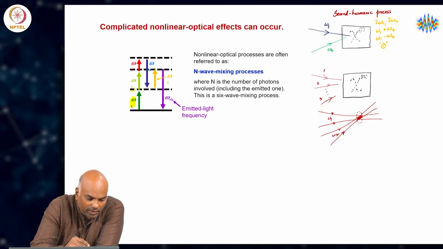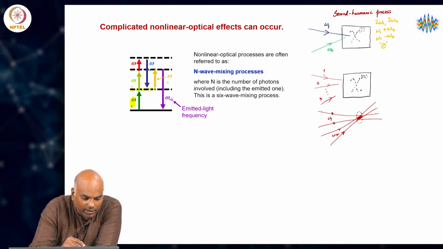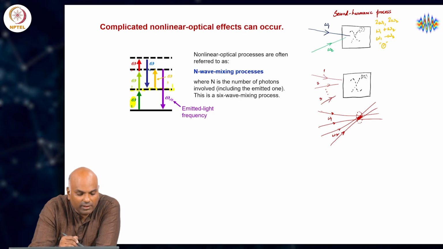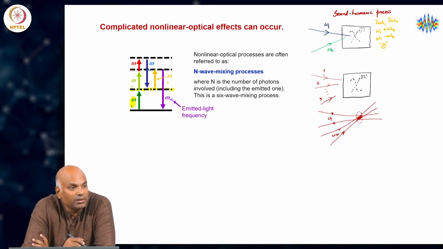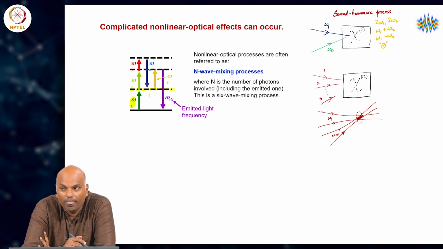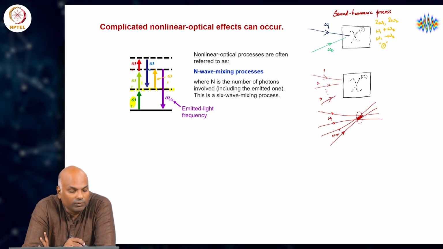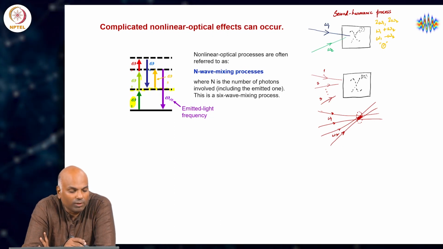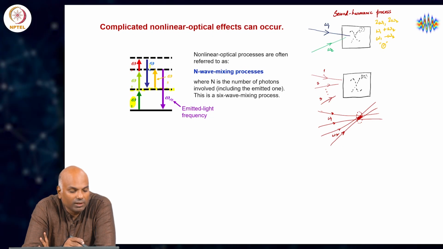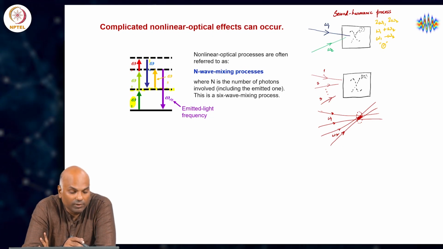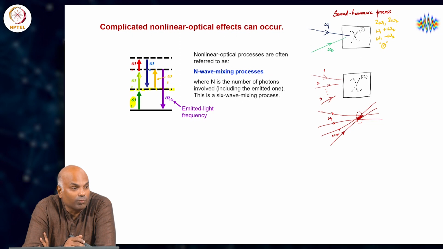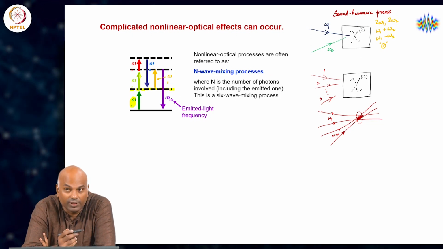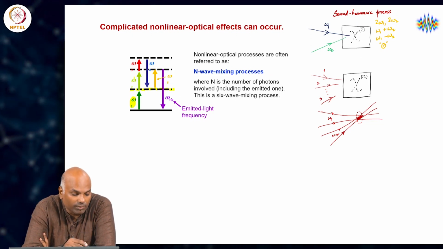Note that these states denoted by dashed lines are not necessarily existing energy levels of a system. Okay. So, these are so called virtual states. This is the quantum mechanical picture. It is, in some sense, the easier way of understanding these processes which work by energy and momentum conservation. So, this is the energy conservation part of it.